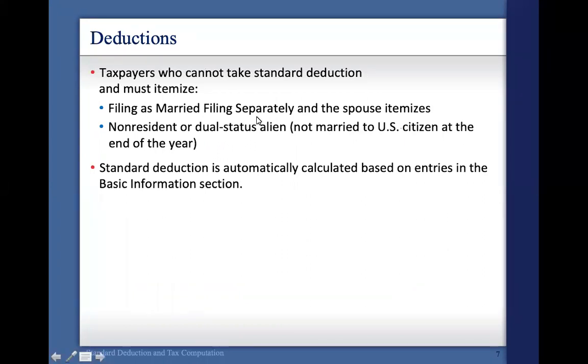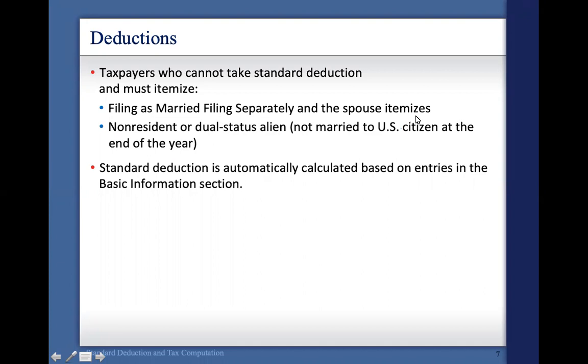So remembering that taxpayers who cannot take the standard deduction and must itemize, meaning they don't even have the option to take the standard deduction, is if a person is filing as married filing separately, and the spouse itemizes.